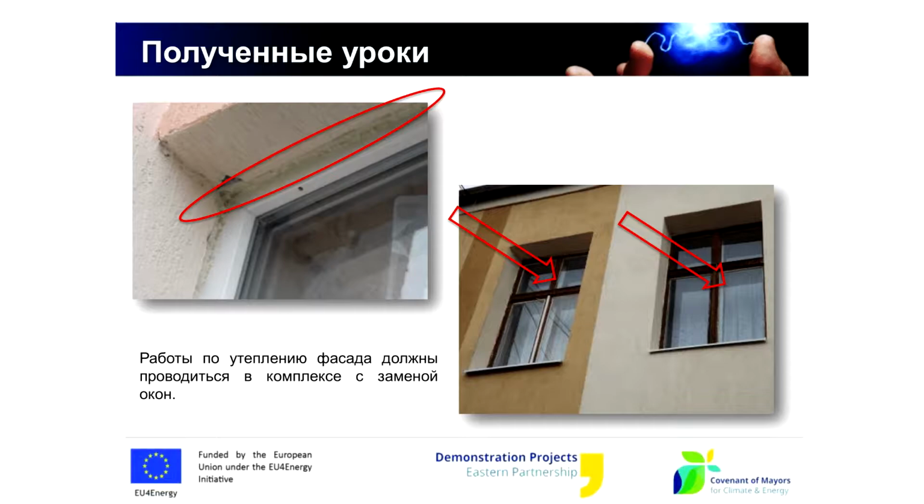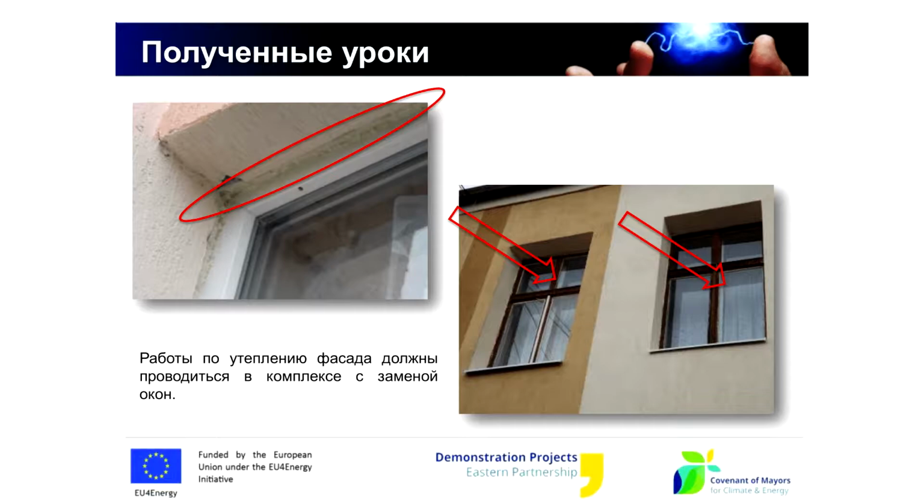It is, by the way, a multi-flat building, and it was not possible to replace the windows. We were working, the project was only on insulation of the facade, and the residents had to replace the windows themselves.